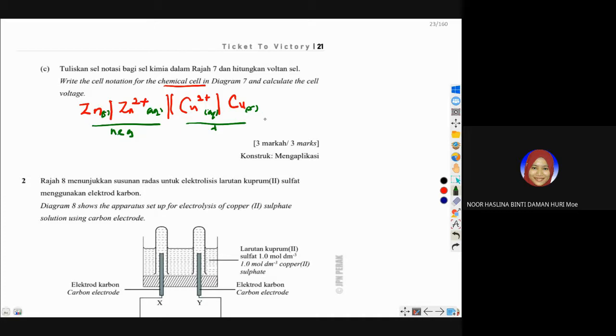So this one you only get 1 mark. This is the 3 marks. Another 2 marks is how to calculate the cell voltage.